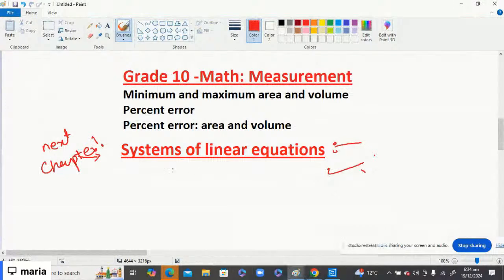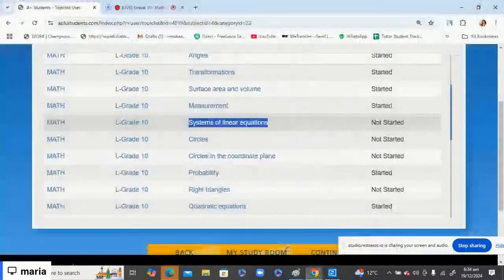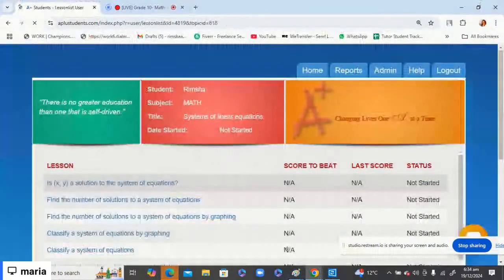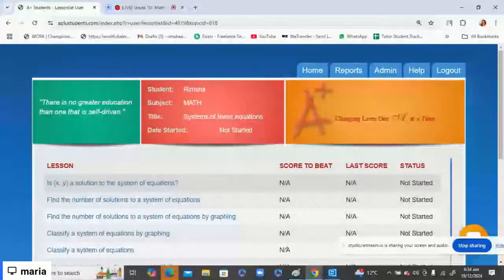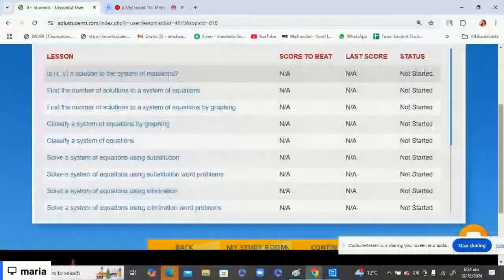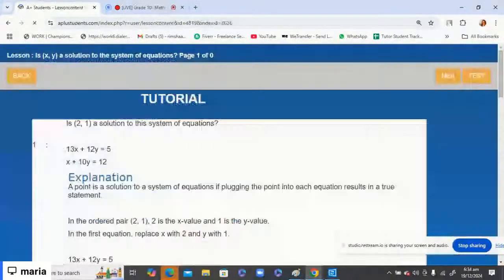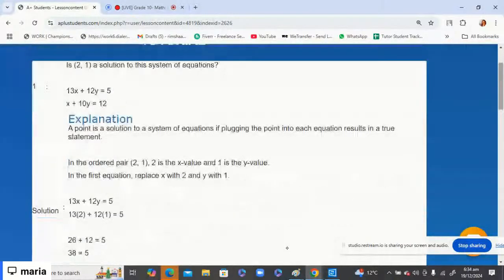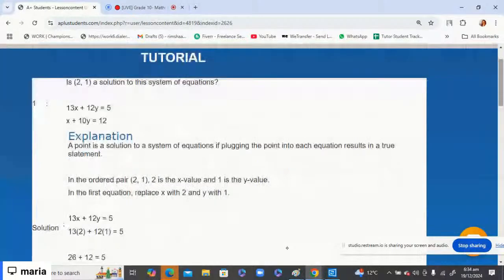We covered only the first lesson now. System of linear equations in x and y, a solution to the system of equations. Let's do it. Is (2, 1) a solution to this system of equations? First of all, we put 2 in place of x and 1 in place of y.